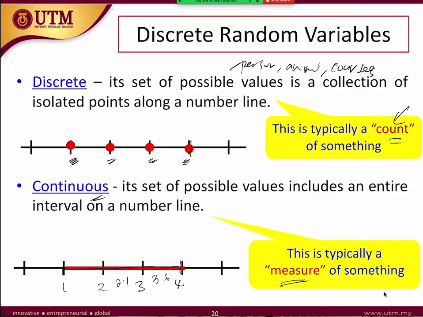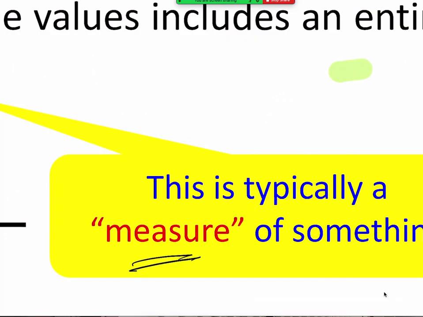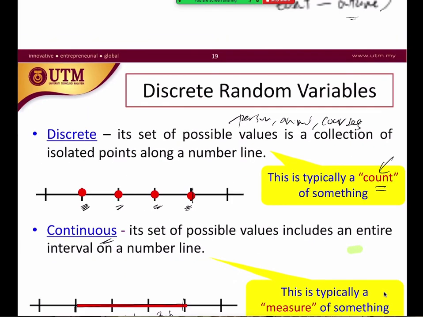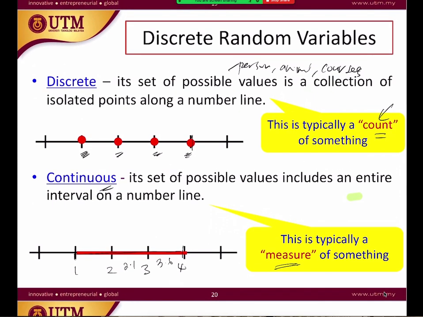An example: the courses are discrete, but your CGPA is continuous, because it is for measuring. The number of courses you took is 6, and based on that, the CGPA you got for that semester is 3.8. So this is measuring something, a continuous value.